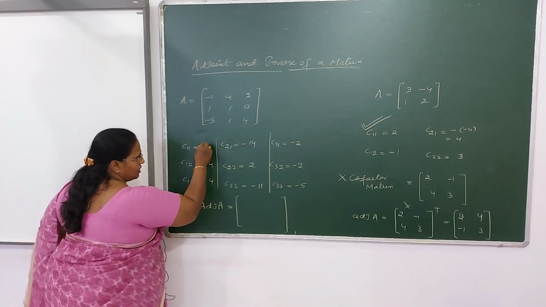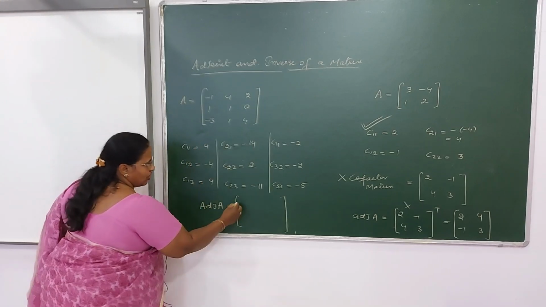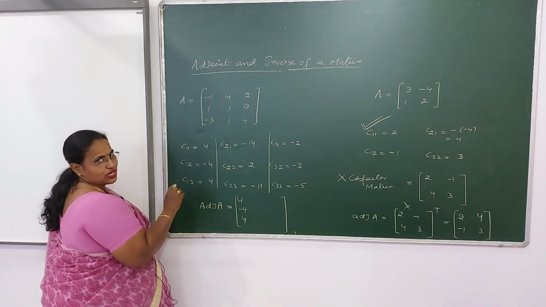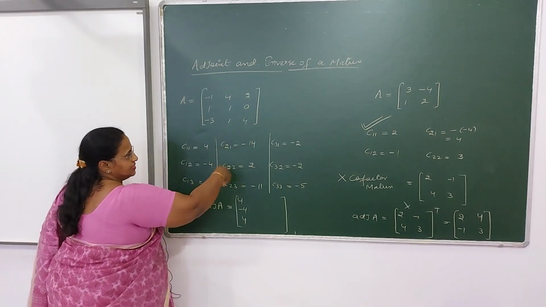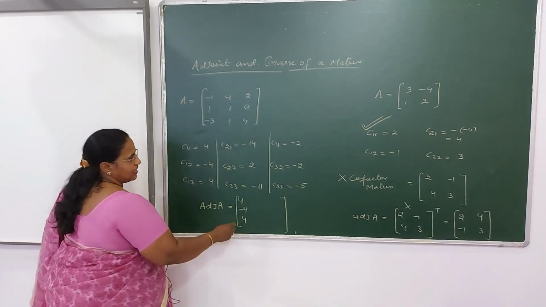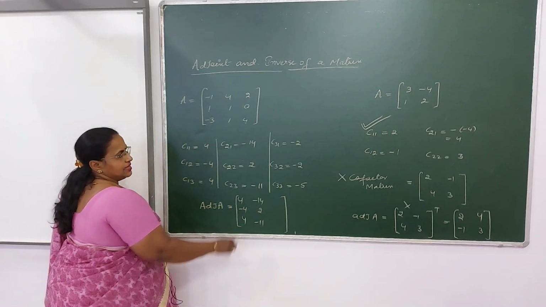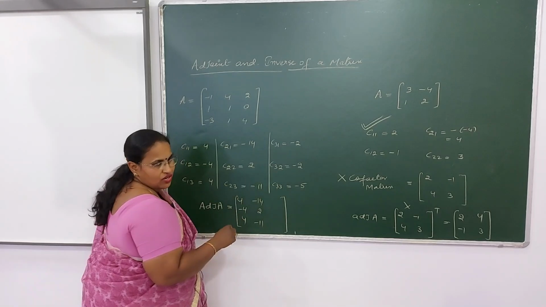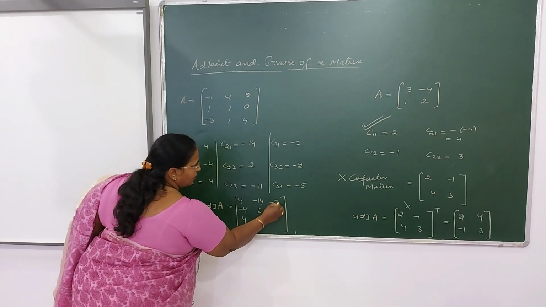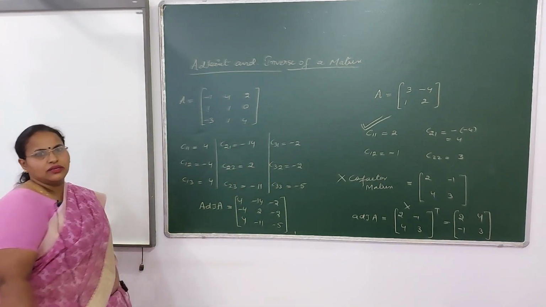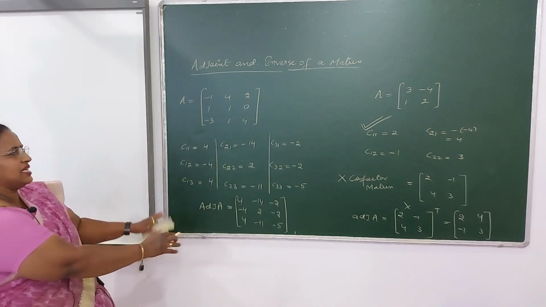So what to do? This is the cofactor of the first row. I am writing down in first column. That means I am writing down the transpose. I am taking the transpose. This is the second row, cofactor of the second row. I am writing down in the second column. These are the cofactors of the third row. I am shifting it in the third column. That means the step in between I have skipped. So this is the presentation.